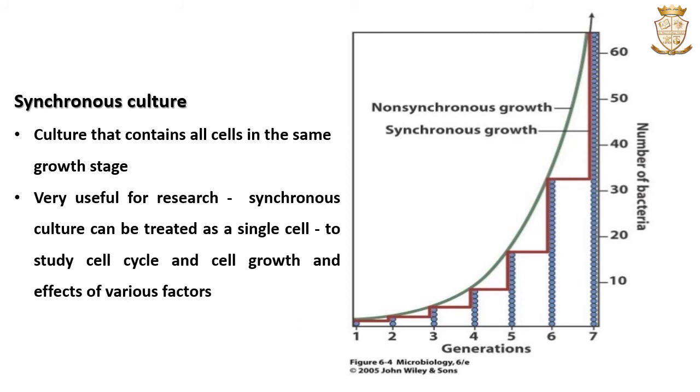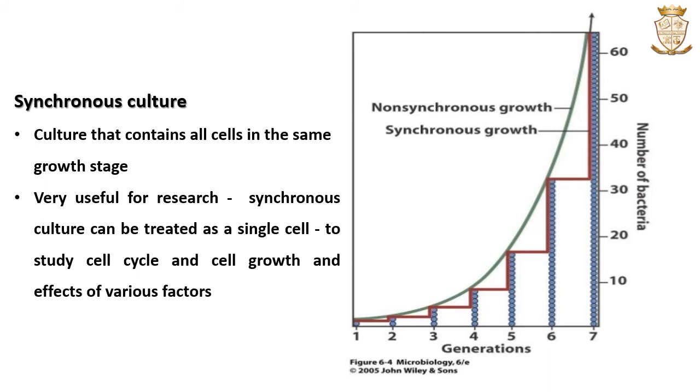So, a synchronous culture is a type of culture in which all the bacterial cells are in the same stage of their growth, and as a result, the growth curve of a synchronous culture will show a ladder-like pattern, since all the cells are dividing exactly at the same time.